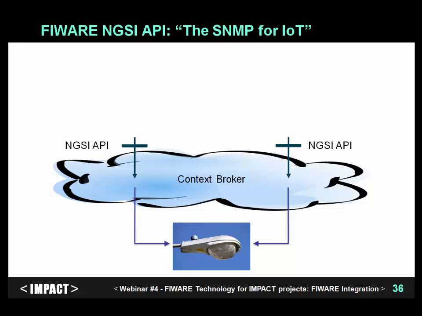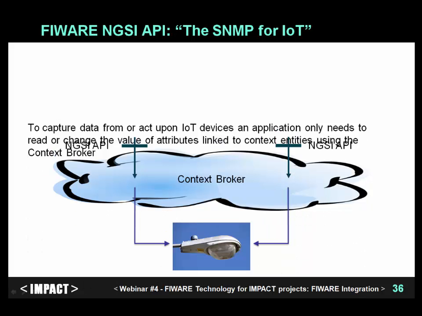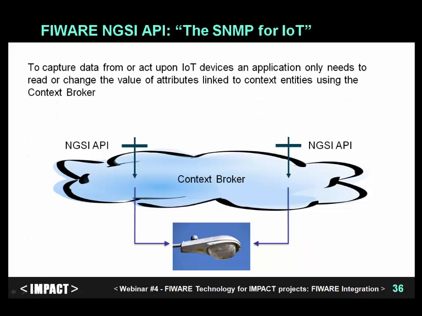And what we've seen so far is just the beginning of the magic. What really is interesting is what happens when, for example, you connect the context broker with IoT devices. Because when you do that, to capture data from or act upon IoT devices, an application just needs to read or change the value of attributes linked to the context entities using the context broker.